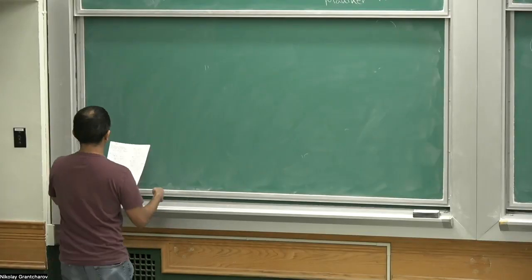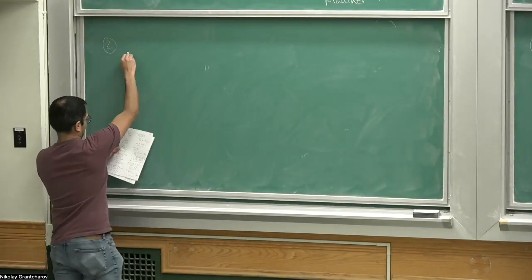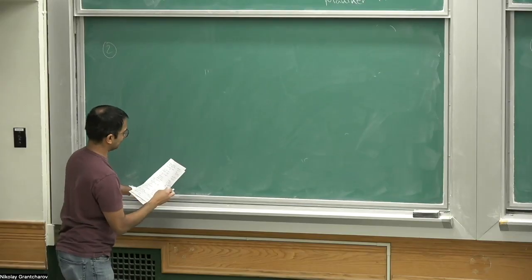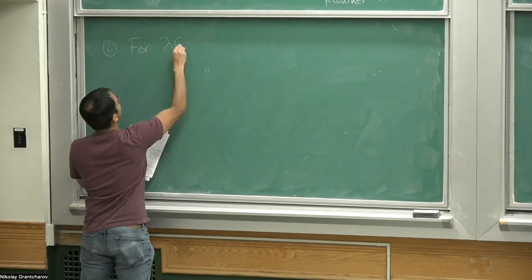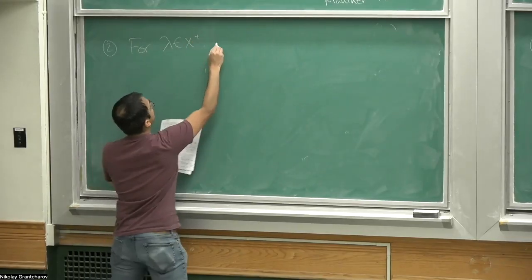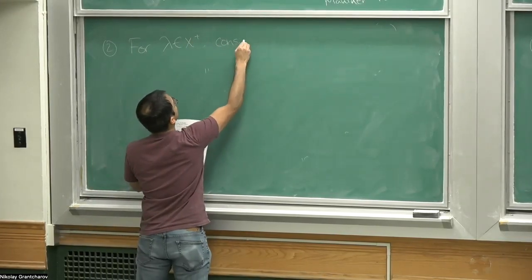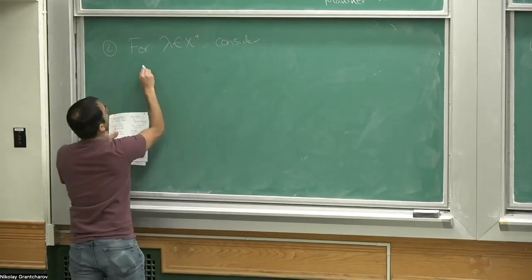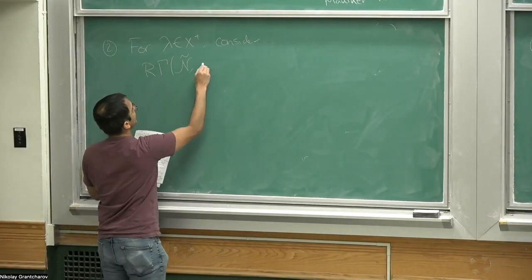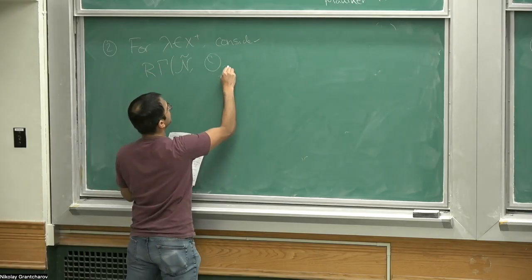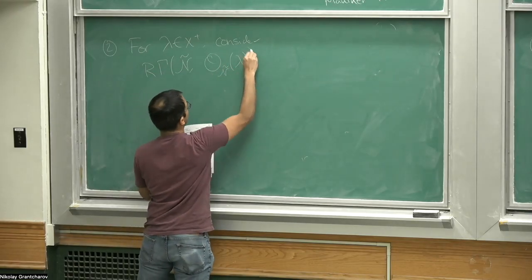Okay. For number 2, here's what I want to do. For a dominant weight lambda, I want to consider RΓ of N tilde, taking the structure sheaf on N tilde twisted by lambda.